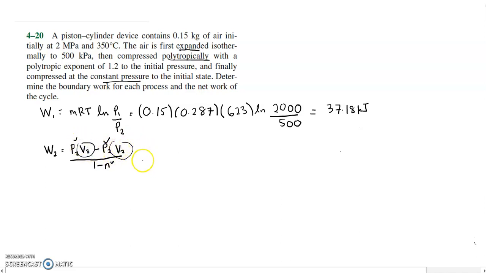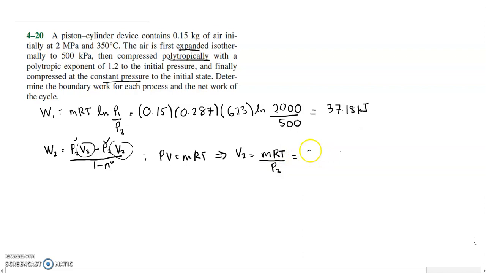So for V2, we have to use PV equals MRT. So V2 equals MRT over P2.